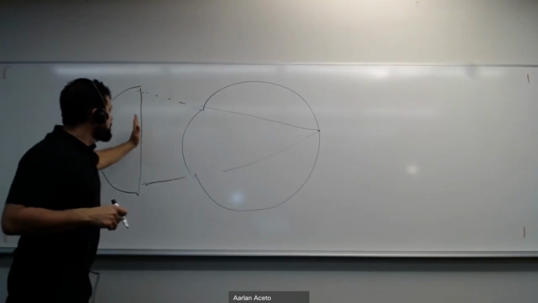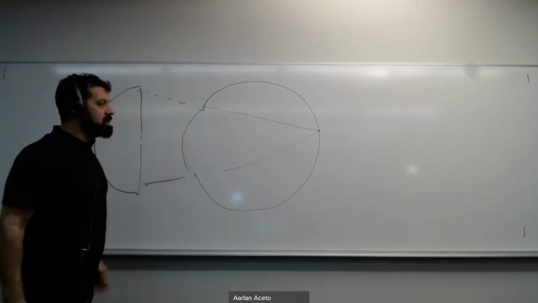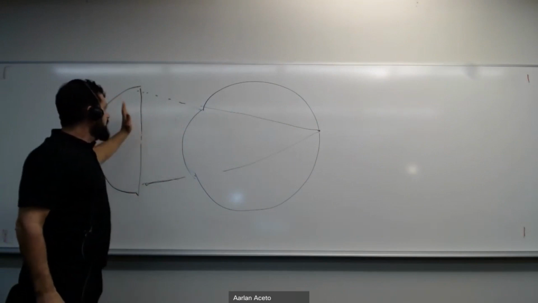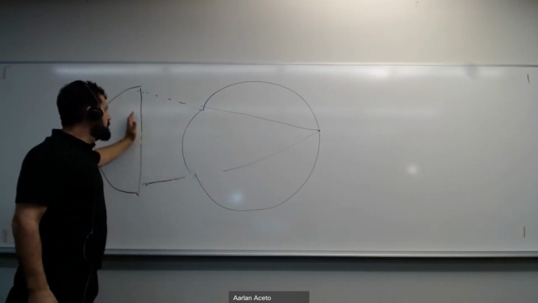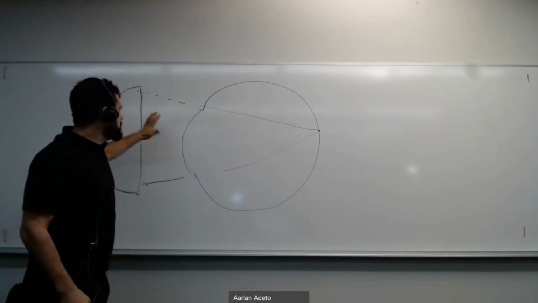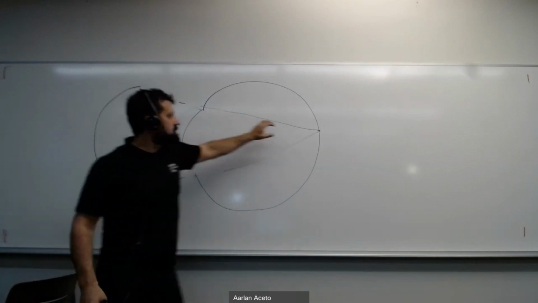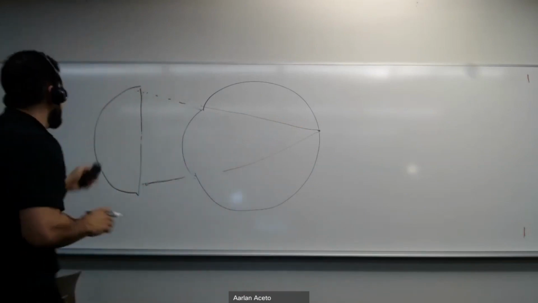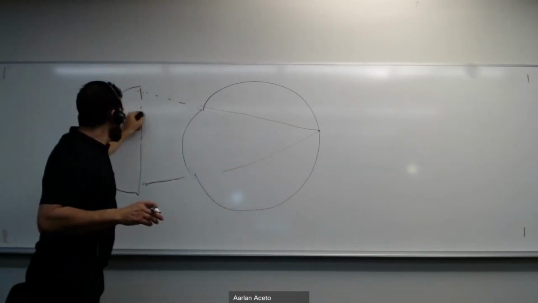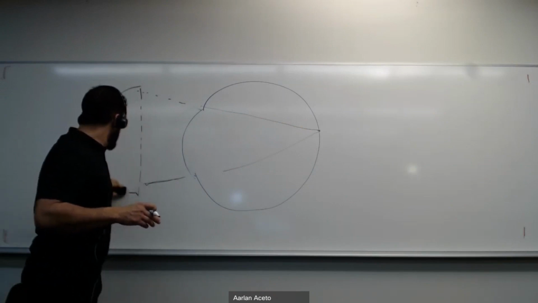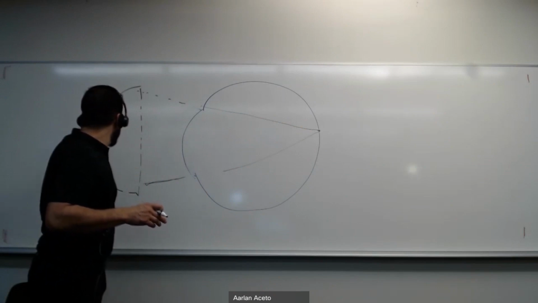Pretty straightforward. Now, the problem is, this is where the doctor had it. We had a vertex distance, let's call it 14 millimeters away. And if I put my glasses at 14 millimeters away, then everything should work properly. But if I take this whole system, you see where this lens is, where everything comes to a focus, it's a converging system. But we're going to move this plus lens, let's say closer.